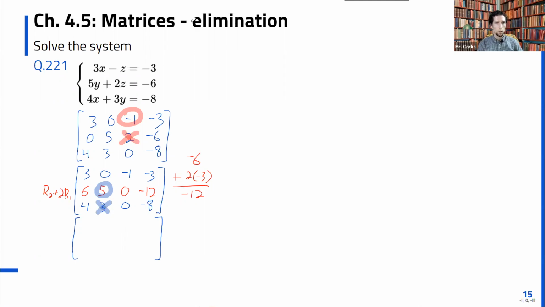Tell me what operation we can do to eliminate the 3 in row 3. Oh, 5 row 3 minus 3 row 2.